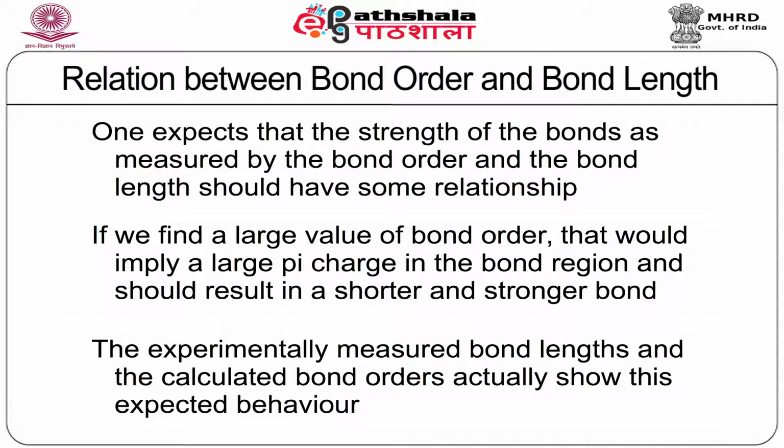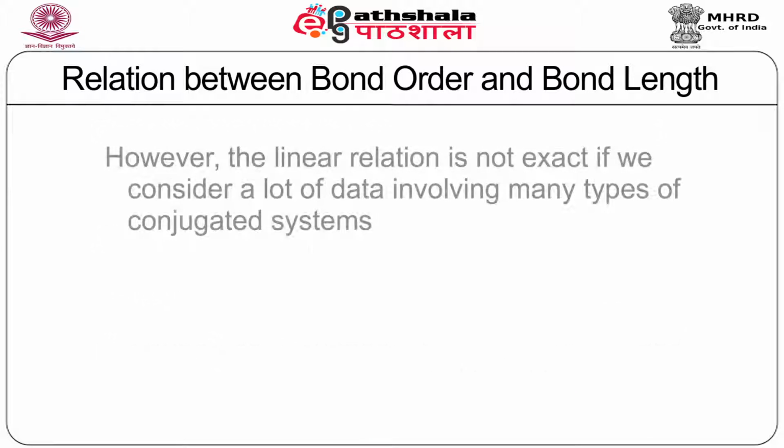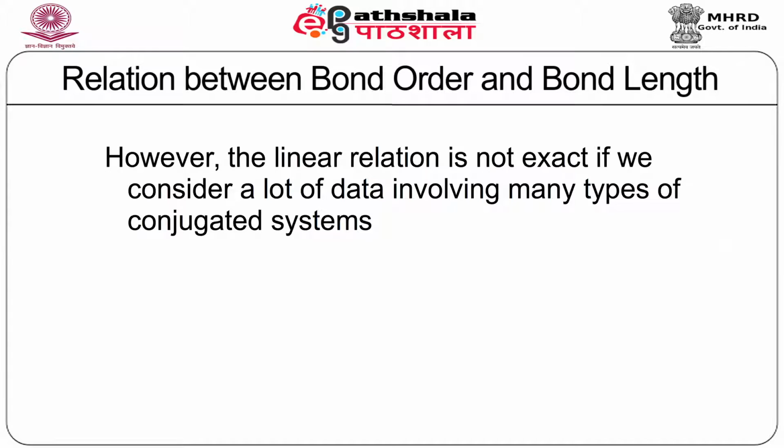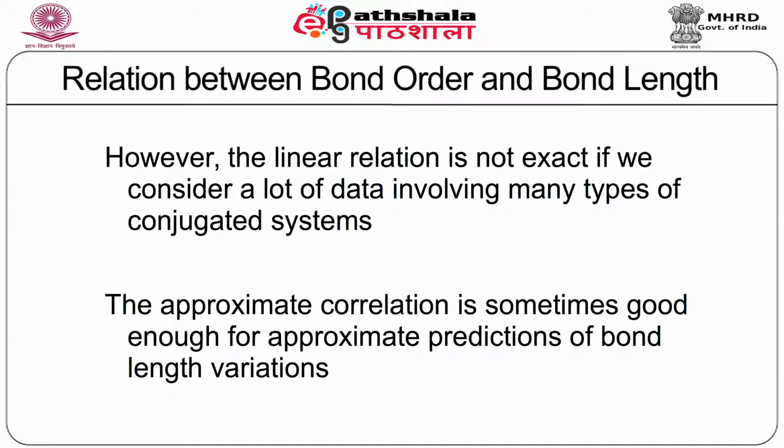The experimentally measured bond lengths and the calculated bond orders actually show this expected behavior. However, the linear relation is not exact if we consider a lot of data involving many types of conjugated systems. The approximate correlation is sometimes good enough for approximate predictions of bond length variations.